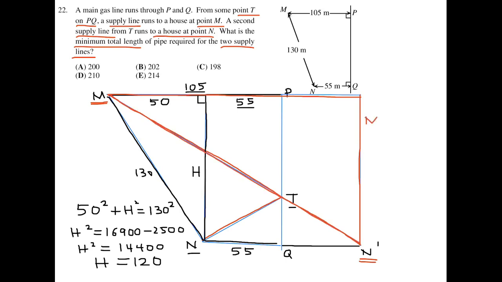So M through T to N reflection is that line that we need to figure out. And using Pythagoras, that is going to be the distance from here to here squared, which is h.